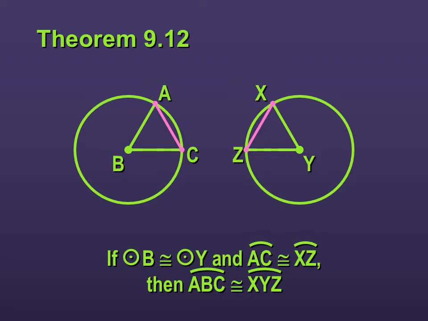Next, we say if circle B and circle Y are congruent, and the minor arc AC is congruent to the minor arc XZ, then we can say that the major arc ABC is congruent to the major arc XYZ.